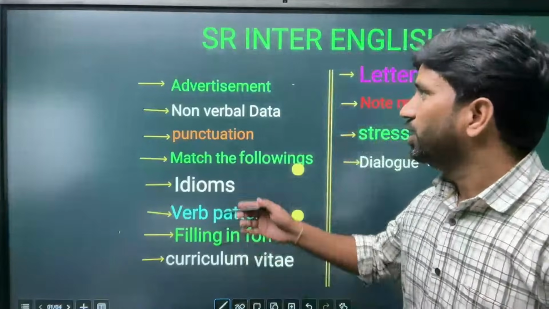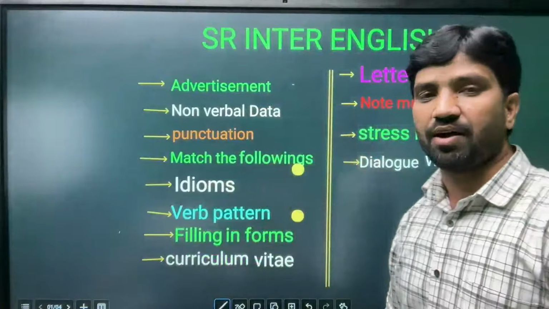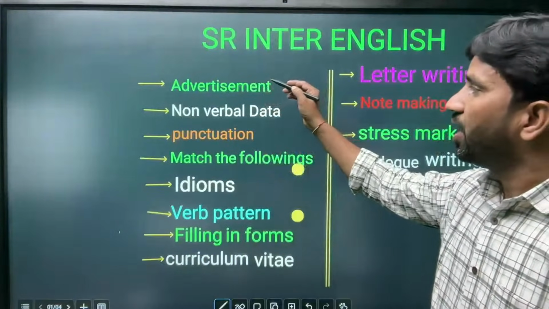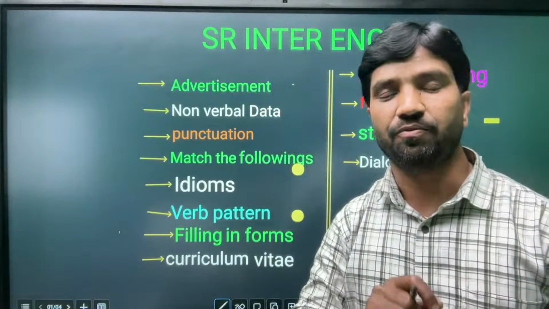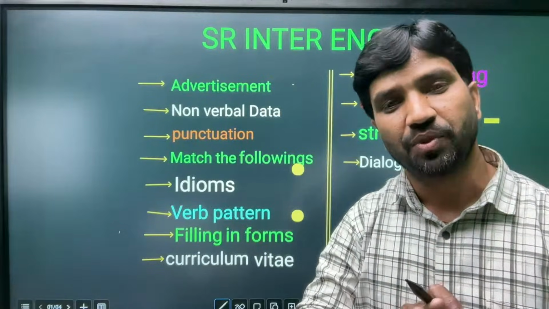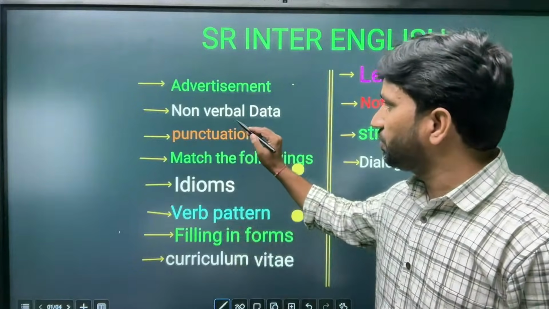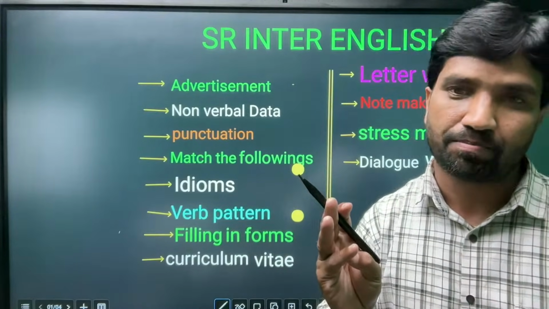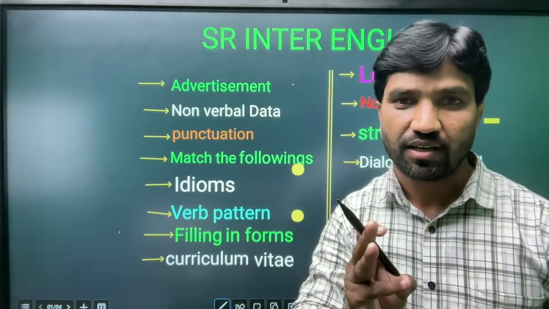We know very well about the advertisement. Just have a look at which grammar parts we have. Advertisement is a little easy, but it takes time, so we need to prepare all the advertisements given in your subject. Next, non-verbal data: pie charts, bar graphs, tree diagrams, flow charts and tables.